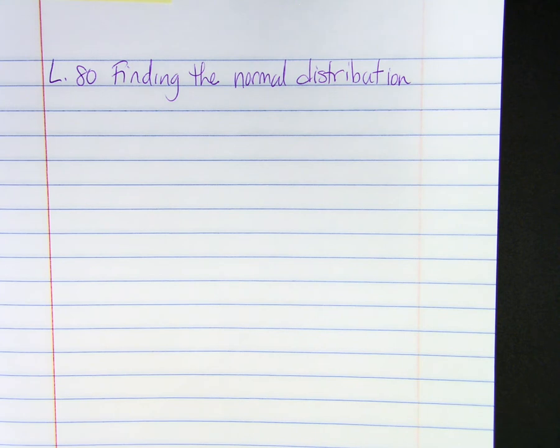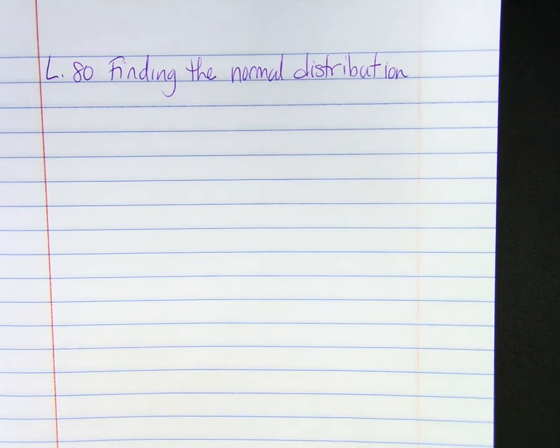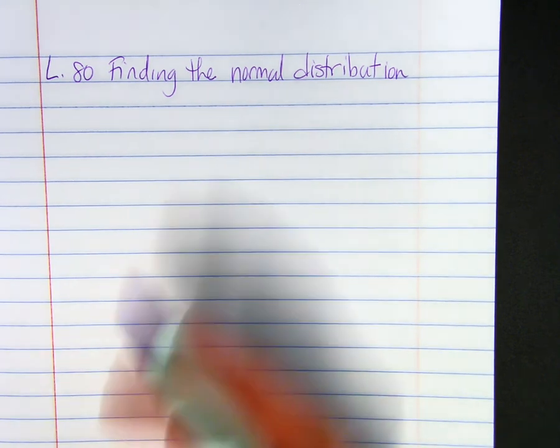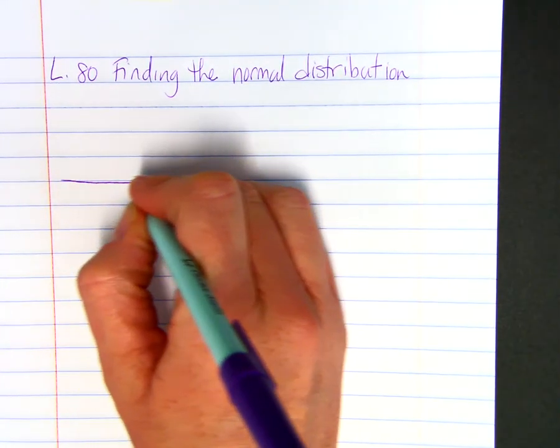There's normal and binomial. There's no such thing as an abnormal distribution. So it's not the same definition that you would think the word normal means. Sometimes in math we have different definitions.